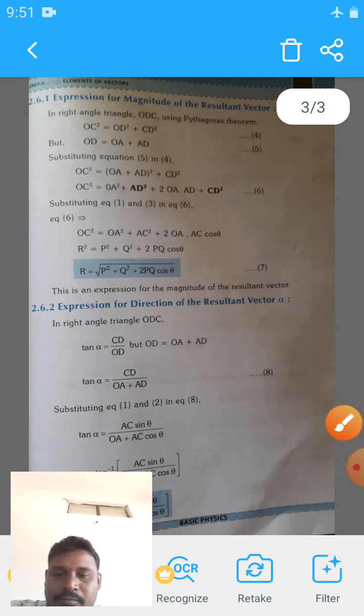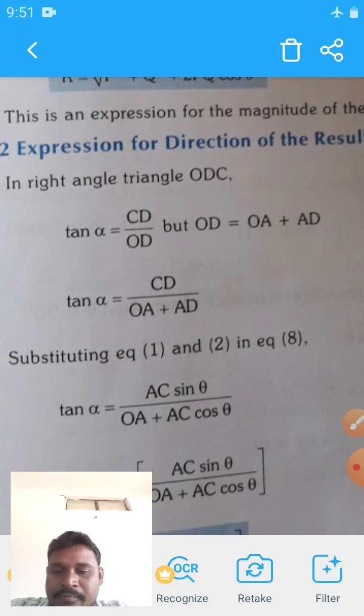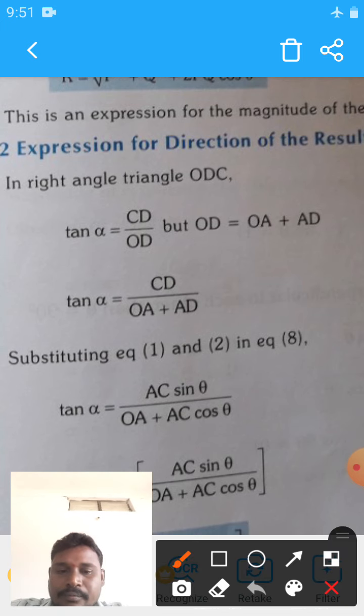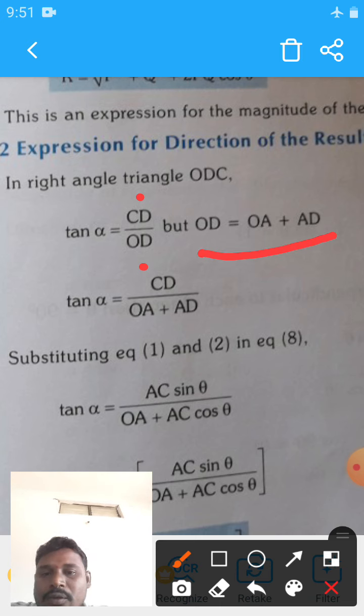See here, from the diagram, in the right angle triangle ODC, tan alpha is equal to CD by OD. CD is the opposite side, OD is the adjacent side, but OD is equal to OA plus AD. So in the place of OD you substitute OA plus AD, then tan alpha is equal to CD by OA plus AD.